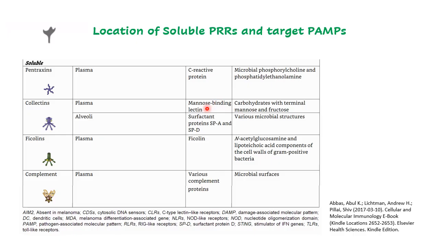Mannose binding lectin is really a type of collectin. What kind of molecule is it going to bind? Sugar. Specifically, what is the sugar? Mannose is in the name. Mannose binding, lectin is the type of molecule. This one is going to bind mannose, so it binds carbohydrates that have mannose in them, and also binds fructose.